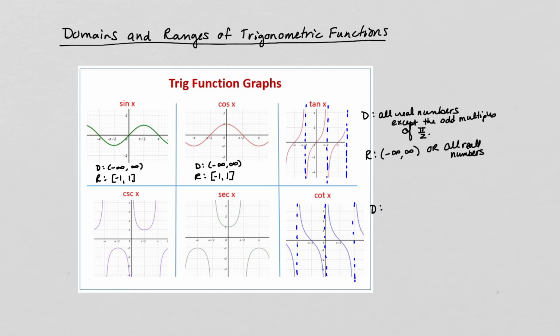So the domain on the cotangent is all real numbers except the integer multiples, the whole number multiples, of pi.